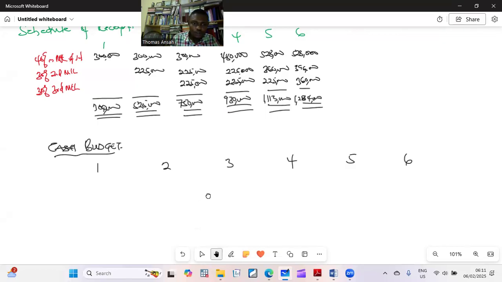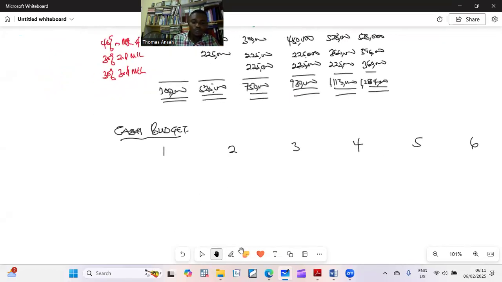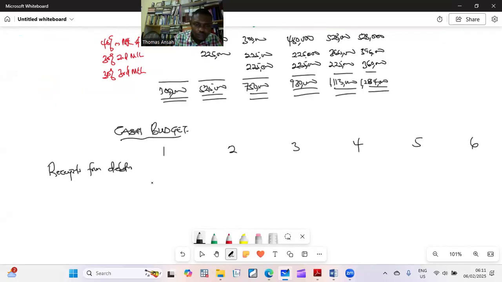All right. So the first thing that you bring will be your receipts from your debtors. Do you remember? Receipts from debtors. Because we are doing the inflows or the receipts. These are our months.